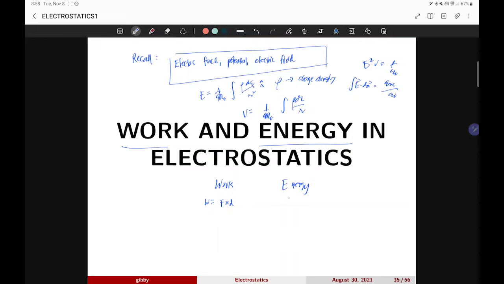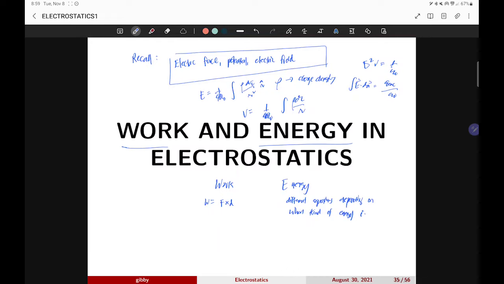Energy has no particular equation depending on what kind of energy. So we have different equations depending on what kind of energy. Okay, it could be potential energy.